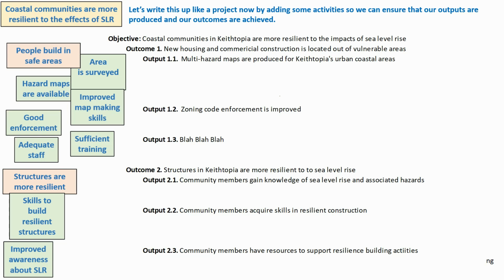You might produce the same output, which is increased awareness, but the activities to do that may be different from place to place for different reasons, for cultural reasons, for economic reasons, and so forth. So we just need to identify what the most appropriate activities are for our context. And there are all sorts of best practice guides and manuals that you can refer to for ideas of activities.